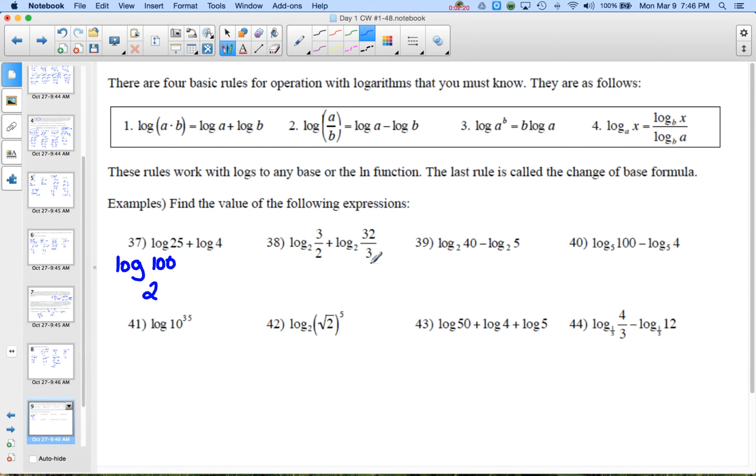On the next one, again, because they're the same log base, they have to be the same log base in order to use these rules. It's addition, so I come up here and multiply, following this rule.